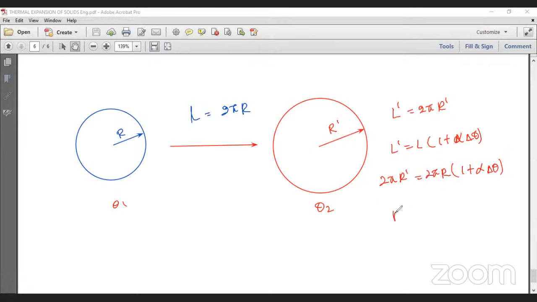So 2 pi cancels, and r dash equals r times (1 plus alpha delta theta). In this kind of case, instead of considering the length, you can write the equation by considering its radius. You can apply it directly for the radius. It's much easier. And I'll do the question.